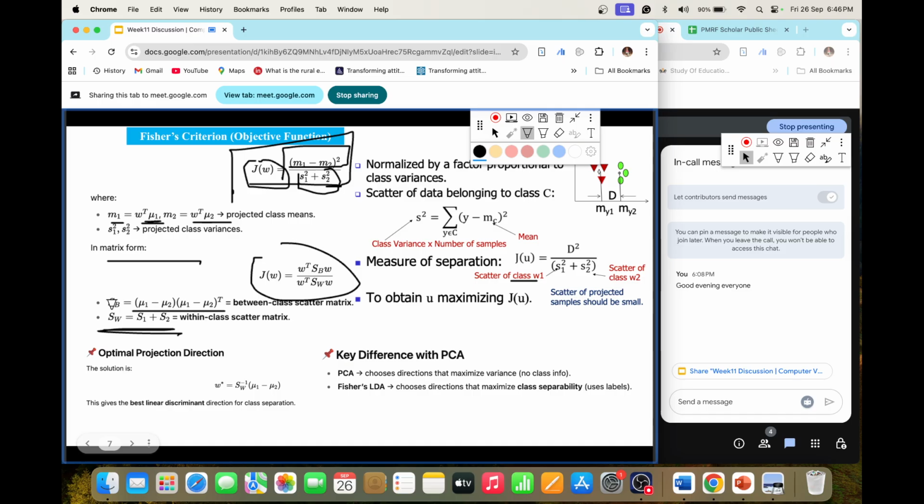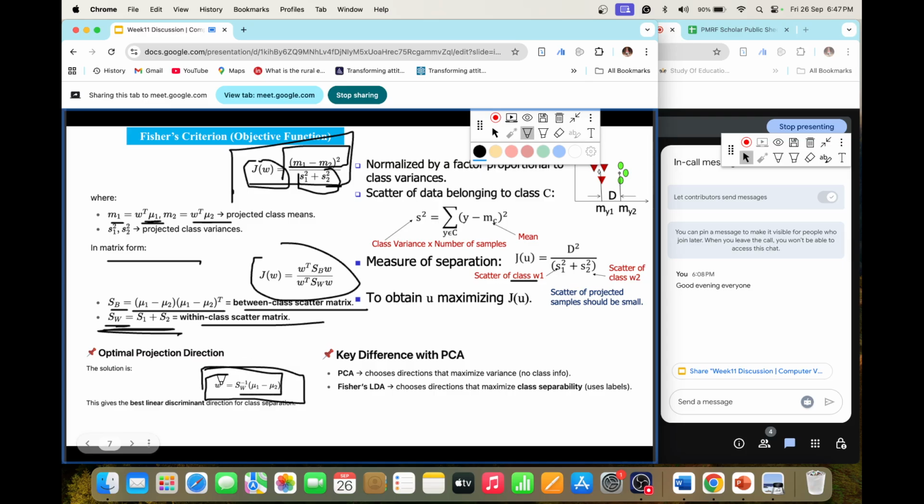And the solution W, the line separating the two classes, can be found by this expression.